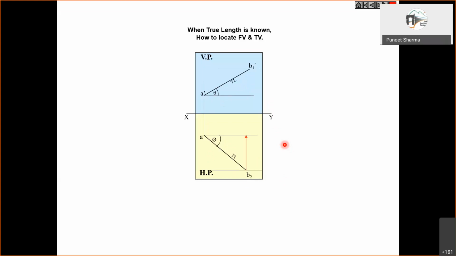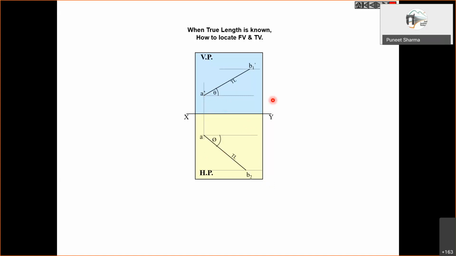Next, we can consider their corresponding other views. For this case, we have the top view available when the line is parallel to the horizontal plane. Corresponding to this, to obtain the front view, we can make use of the fact that if the line is parallel to the horizontal plane, then its front view will be parallel to the XY line.